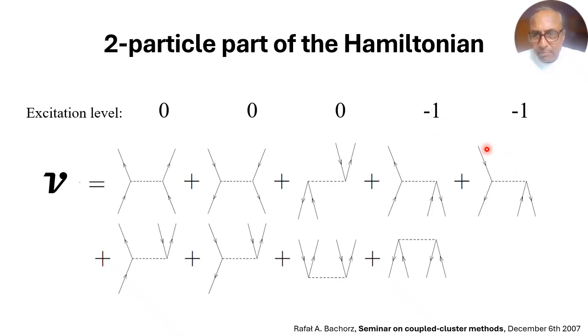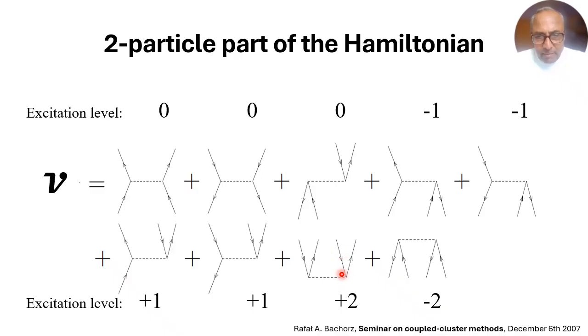The fifth diagram represents interaction of a hole with annihilation of an exciton. Again, excitation level -1. The sixth diagram has excitation level +1 because it represents interaction of an electron with creation of an exciton. And the seventh diagram represents interaction of a hole with creation of an exciton.